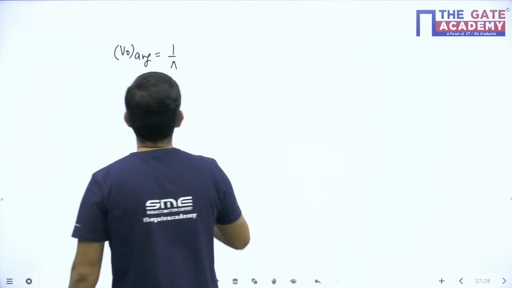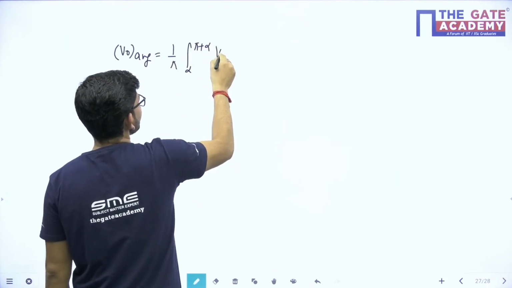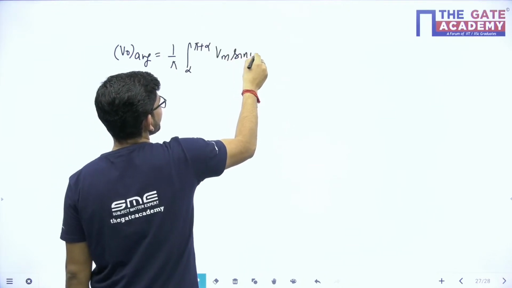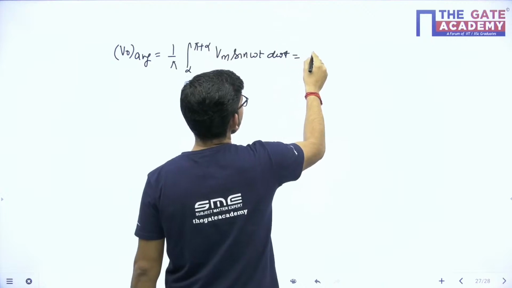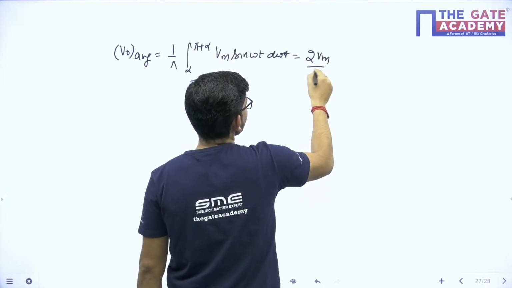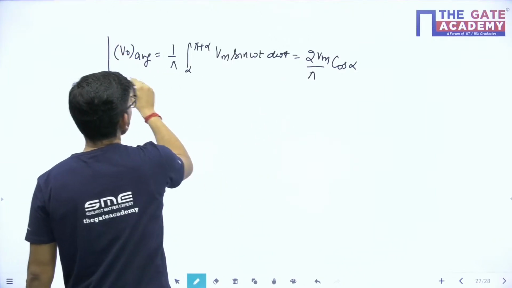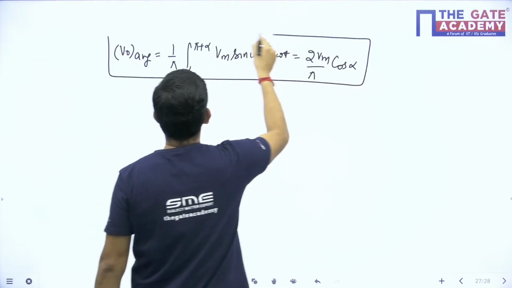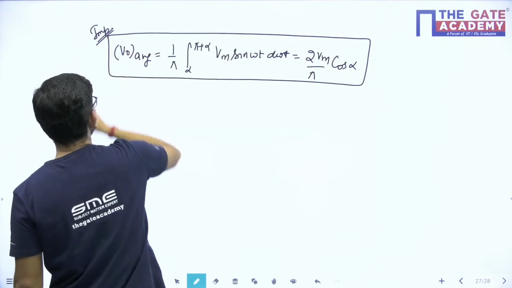So V naught average will be equal to the integral from alpha to pi plus alpha of Vm sin omega t d omega t, and after that what you will get? You will get 2 Vm by pi cos alpha. So this is how you will calculate the average output voltage, and this is very important.